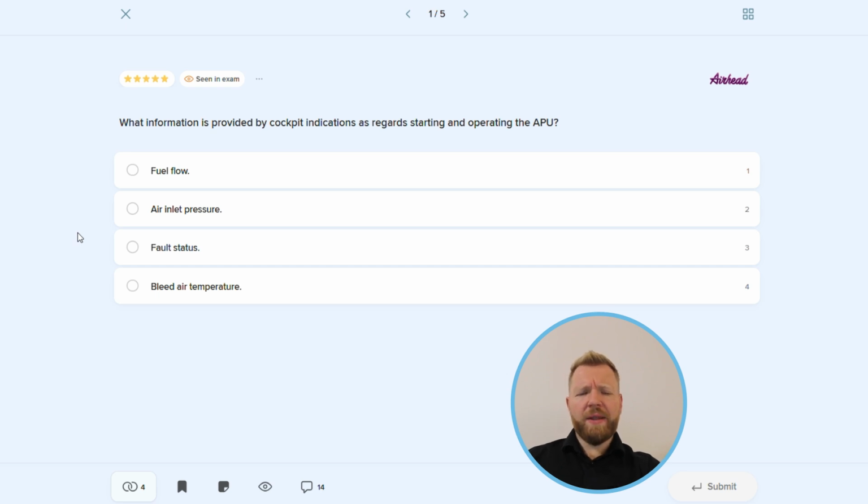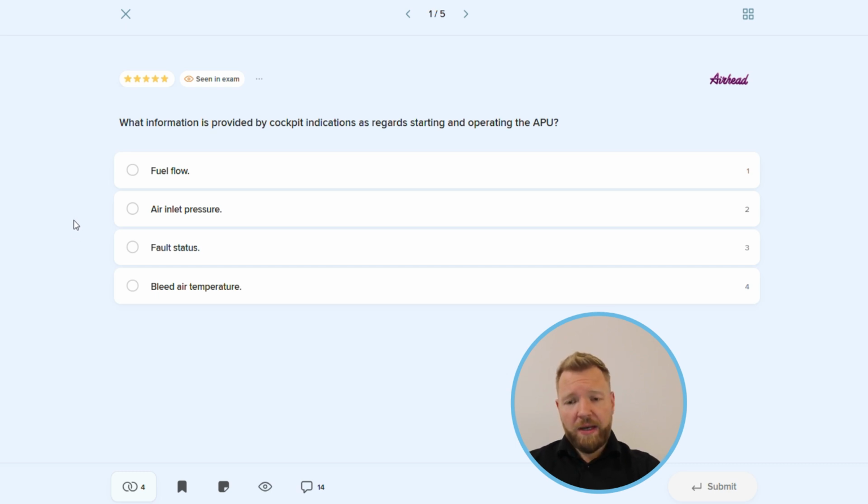Now, for example, on A320, indications for APU we can find on ECAM status display on APU page. We can find there indications regarding APU generator, bleed pressure, N% indication, which also can warn in case of overspeed, APU EGT, fuel low pressure caution message, or for example low oil pressure message.